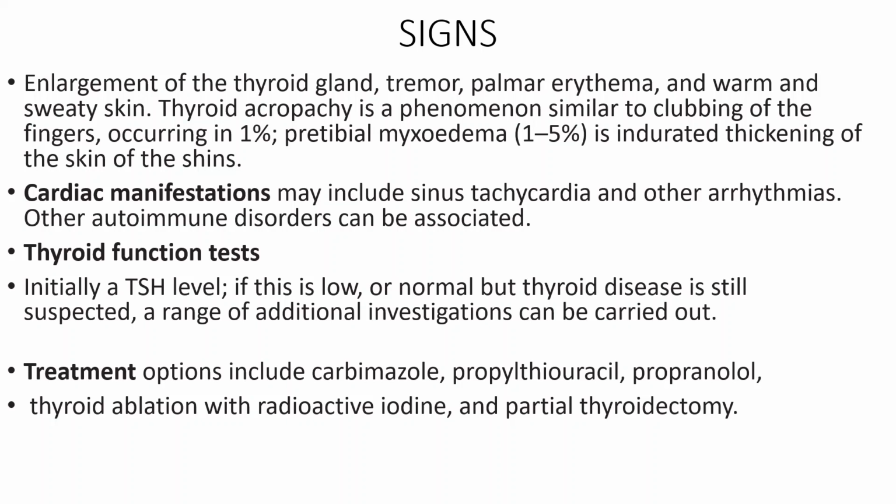A range of additional investigations may be required. The treatment options include carbimazole, propylthiouracil, propranolol, thyroid ablation with radioactive iodine, and partial thyroidectomy. You can also read further in detail from the medical books.